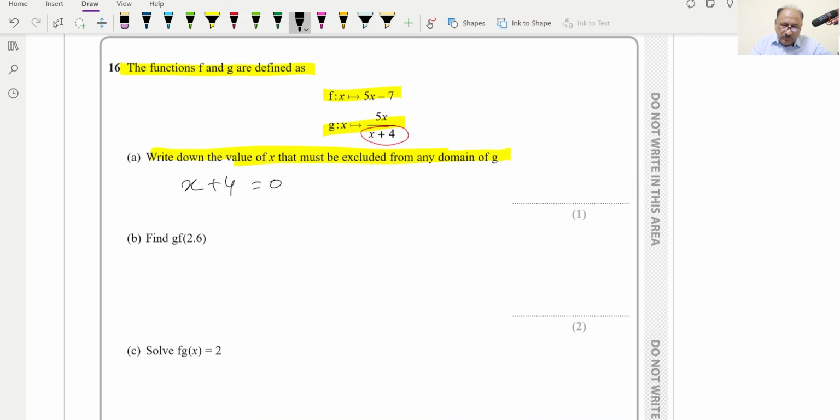So this implies x is equal to -4, so this value should not be there. So we can write x should not be equal to -4. This is our answer. And then find g of f of 2.6.